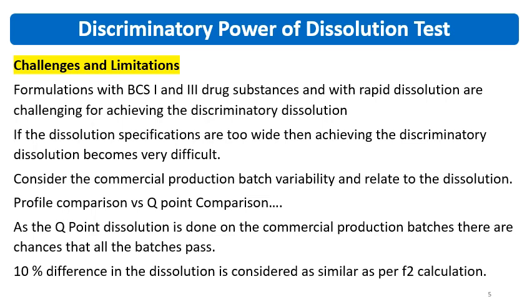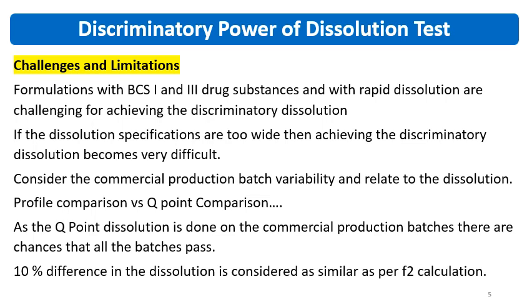The simple meaning of this sentence is that if the formulation shows 100% drug release in 15 minutes and you have given a Q point of 30 minutes of not less than 80 Q, that is 85%, this means you have given a very wide specification, and that's why it becomes very difficult to prove the discriminatory power, because at 30 minutes whatever batches you make, those batches will pass.